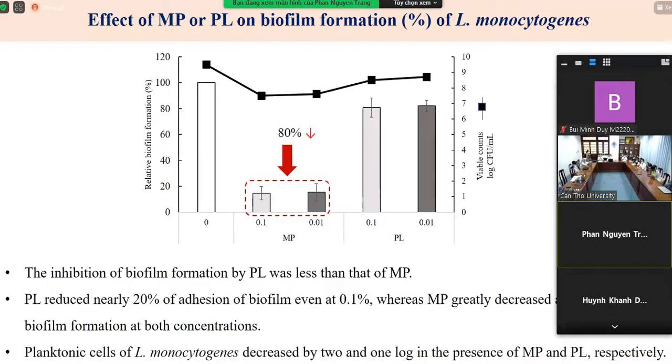Unfortunately, the antimicrobial activity of polylysine and monascus pigment against Listeria in this study was not as expected. The viable cells of Listeria just decreased around 2 and 1 log with the additives. Maybe the hydrophobic property of monascus pigment seems important for the adhesion inhibition effect of this food additive in this study.